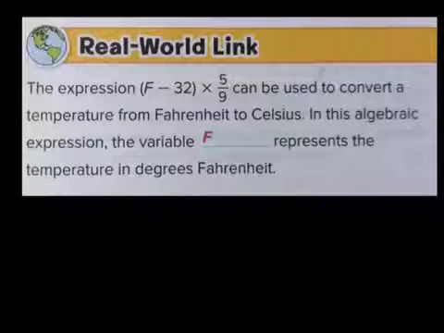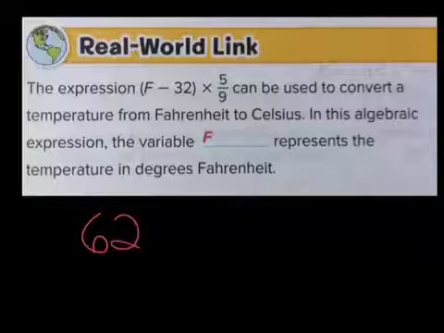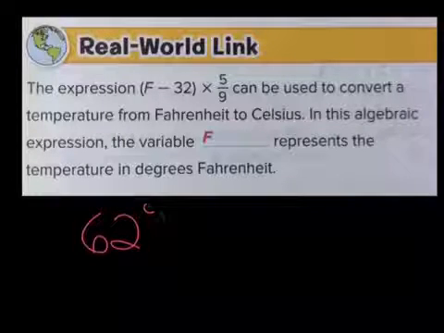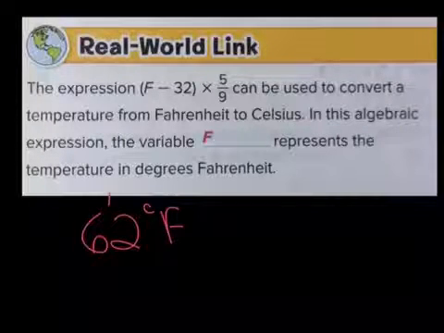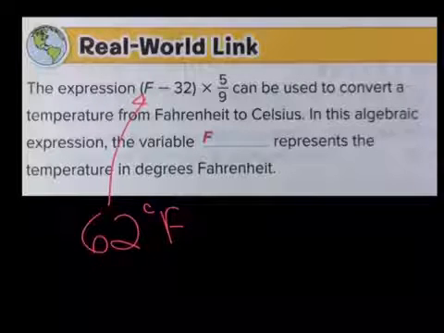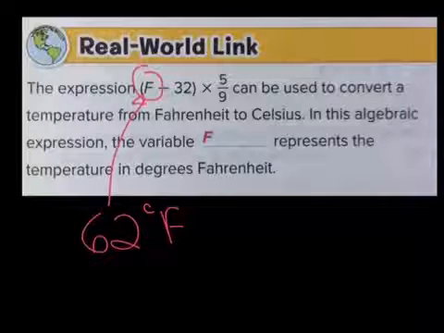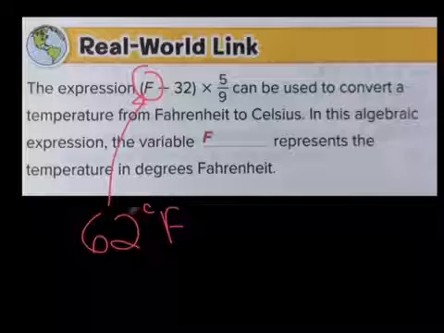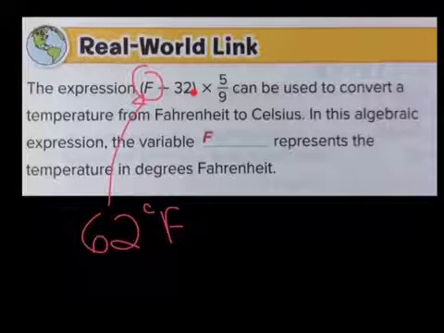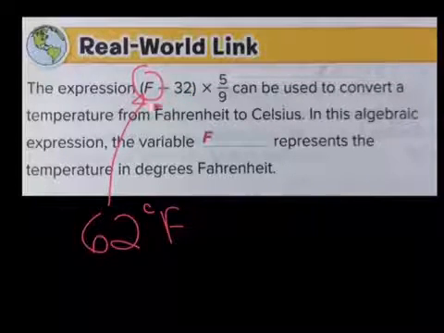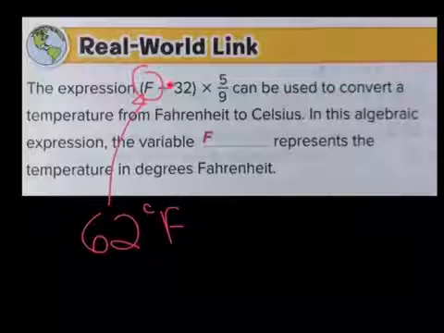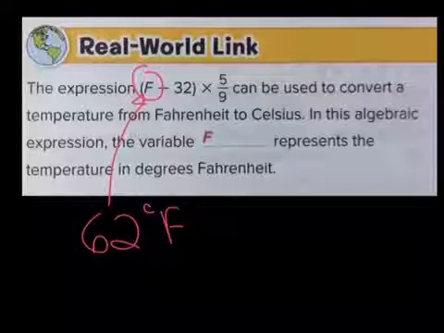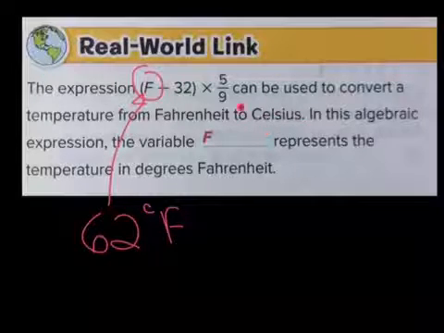So if you were to have 62 Fahrenheit, that's your degrees in temperature, you would insert this number in here. So you would replace this variable with 62 and then you solve. You solve parentheses first, you follow order of operation. So you would subtract 32 from 60, so you get 30, and then you take 30 and you multiply it times 5/9, and that will be your temperature in Celsius.